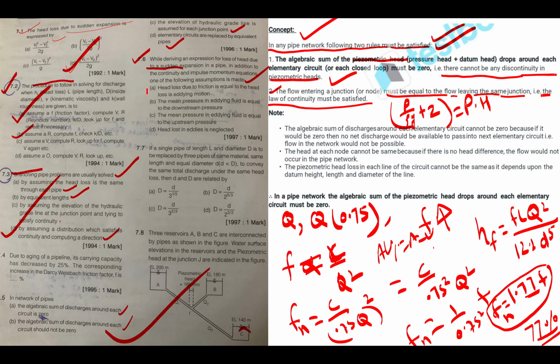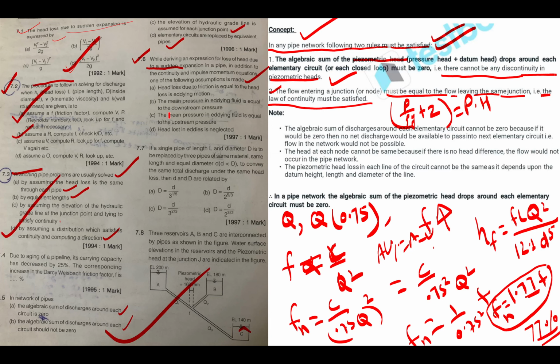Option A: head loss due to friction is equal to the head loss in eddy motion. No. Option B: the mean pressure in eddying fluid is equal to the downstream pressure. No. Option C: the mean pressure in eddying fluid is equal to the upstream pressure.